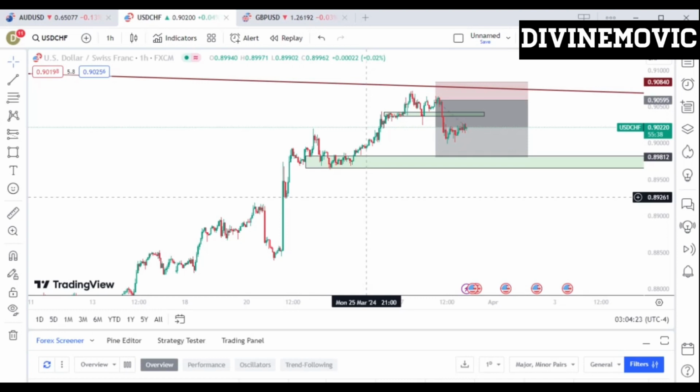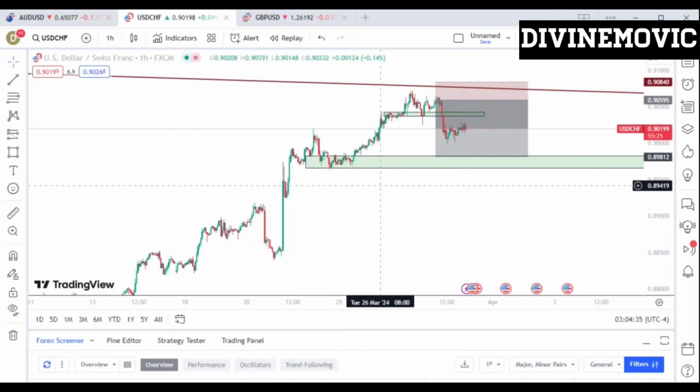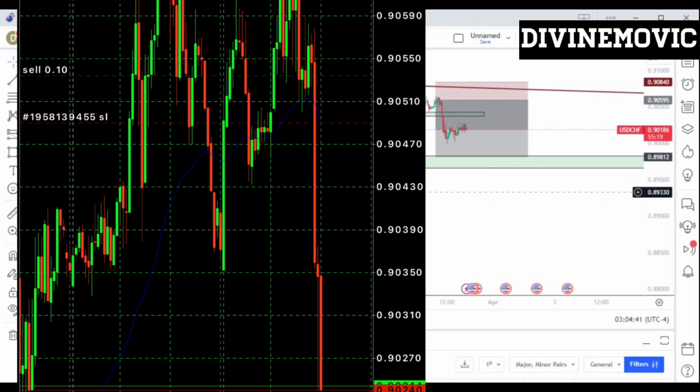Now, let's for example look at USD and I'm going to show you how I was able to arrive at this setup that is running in profit. And as well, I'm going to show you how I was able to break even while managing this setup as well too.